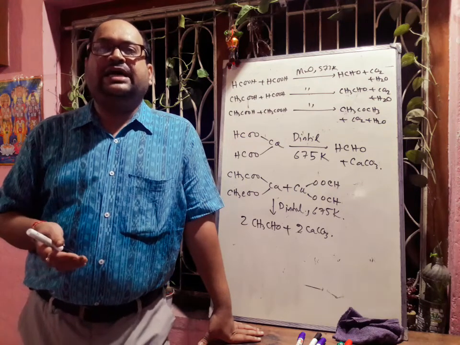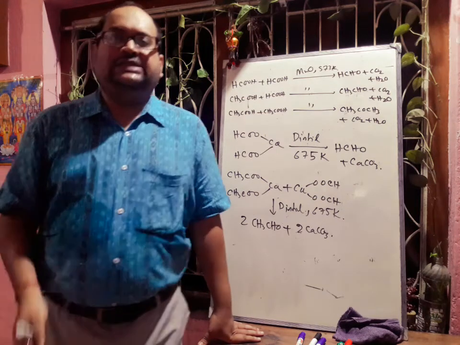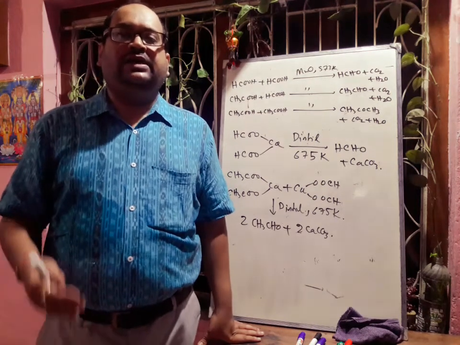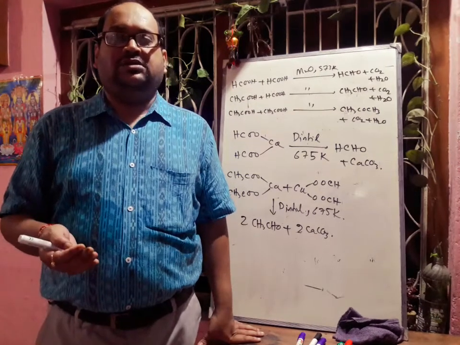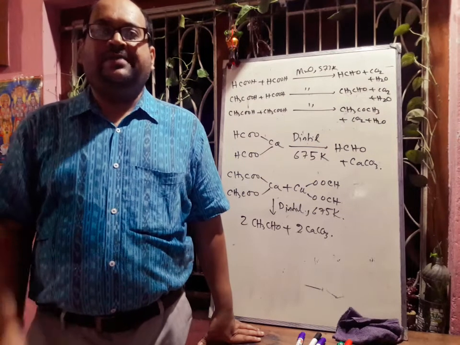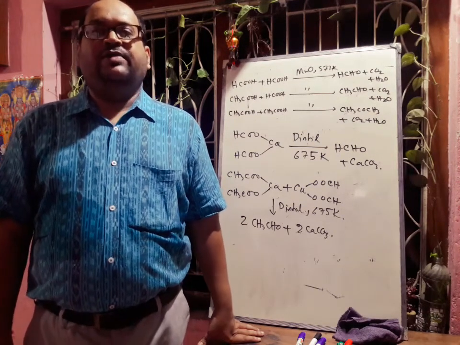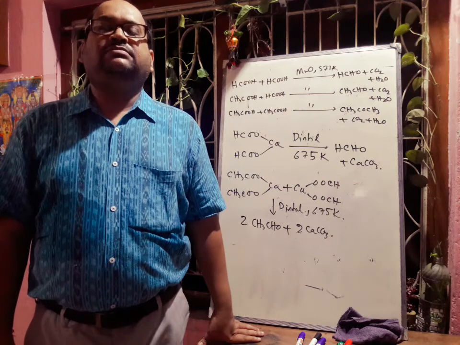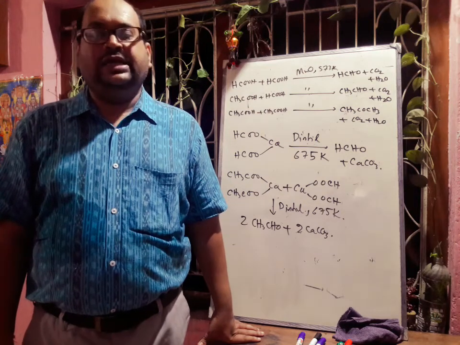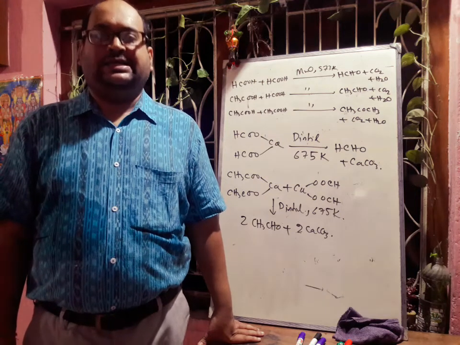But if we take the benzoic acid calcium salt, that is the calcium benzoate, and if we take another salt of calcium, that is the calcium formate, if we distill, we will get the benzaldehyde. So in this way we can prepare the aldehydes and ketones by distilling the calcium salt of acids.